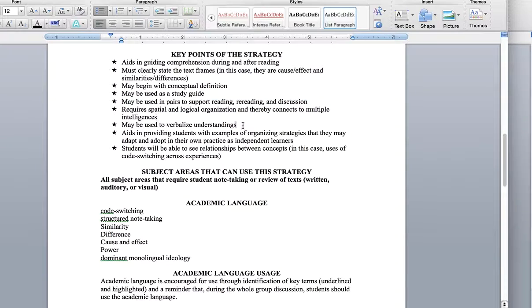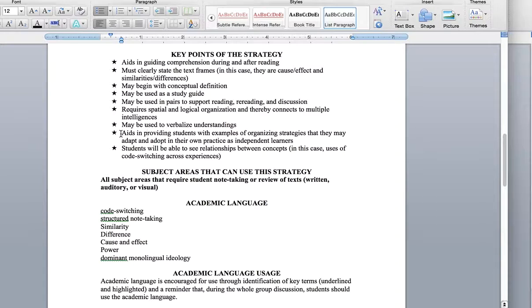So in this strategy, in the handout that I'll show you in a moment, it's supposed to guide you through paired conversations and then lead into a whole group discussion that uses the academic language. This strategy aids in providing students with examples of organizing strategies. So dependent upon how this works for you as an organizing strategy, looking at one text in comparison to another, this may be something that you adopt in your own practice, but also in what you do as an individual student.